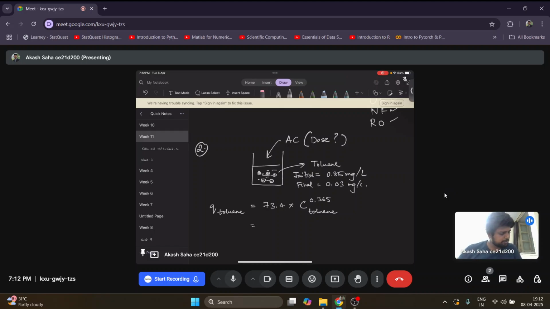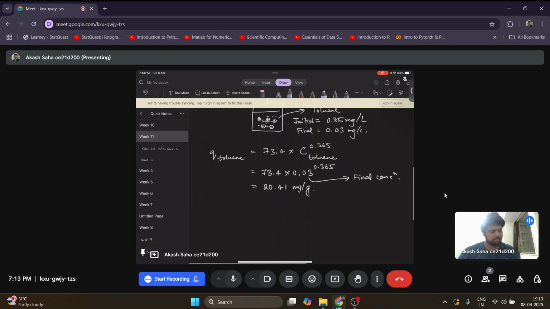So this will be 73.4 into 0.03 to the power 0.365. If you solve this, we put in the final concentration, and in that way we get the adsorption capacity in milligram per gram. So this is the capacity.